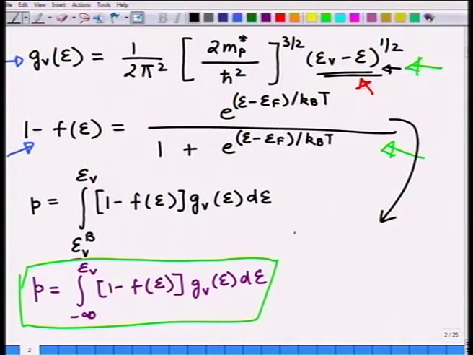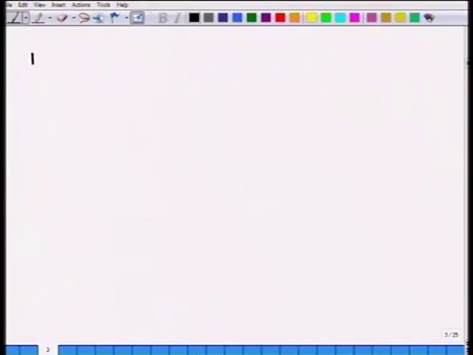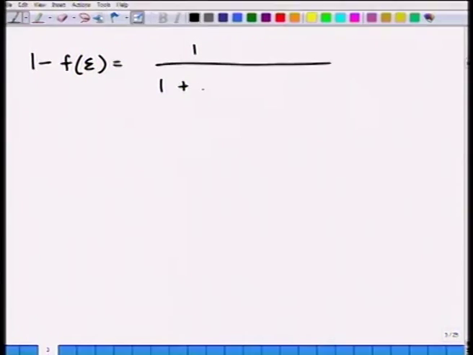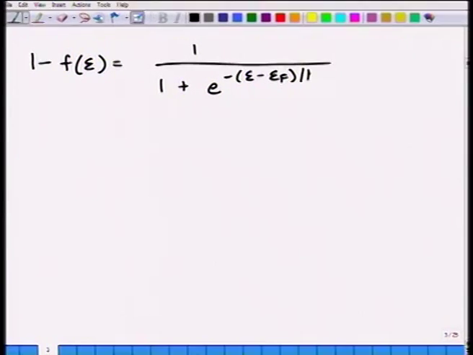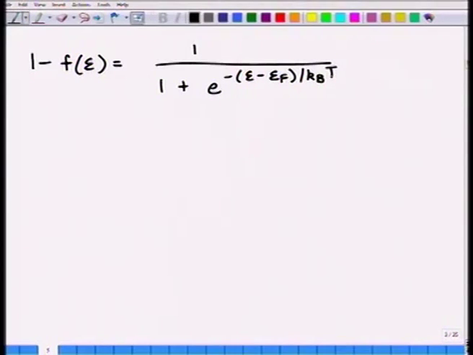I can write 1 minus f(E) as also equal to 1 by 1 plus e to the power minus (E minus E_f) by k_B T. I can write it like this because I have basically divided the numerator and denominator by e to the power (E minus E_f) by k_B T. So, I am going to substitute this for 1 minus f(E).